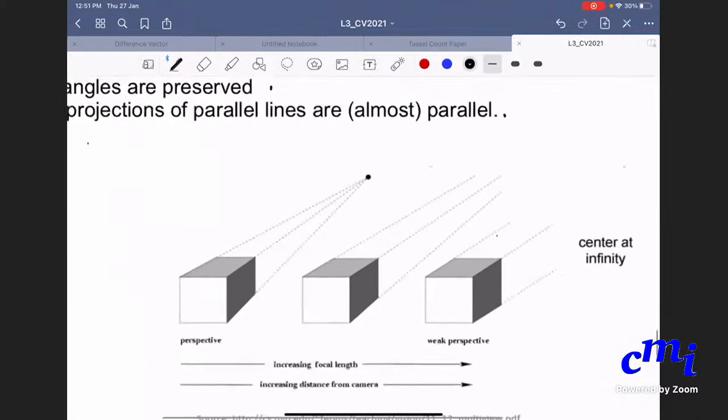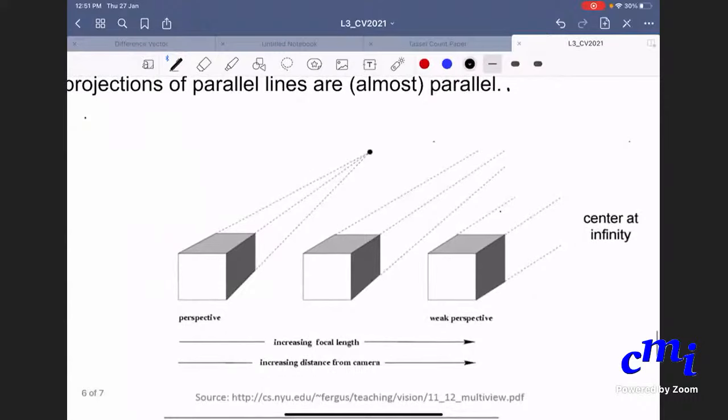This is an image that attempts to explain this. Here you have your usual perspective model. Now if the distance from the camera goes on increasing, this object is going farther and farther away from the camera.